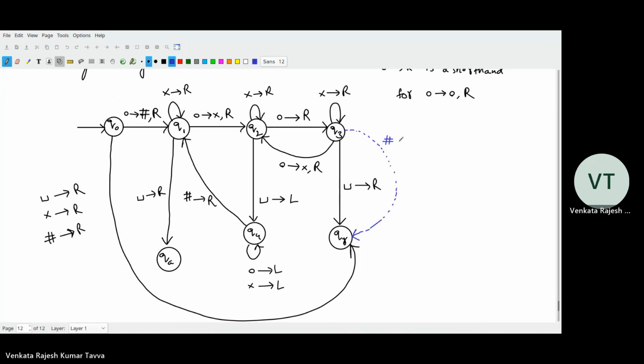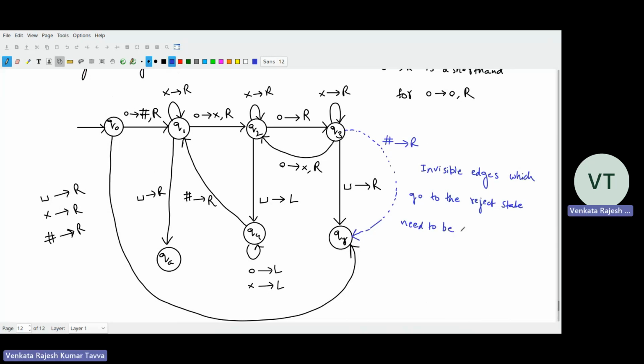I'm just indicating that invisible edges which go to the reject state need to be assumed for the remaining symbols.